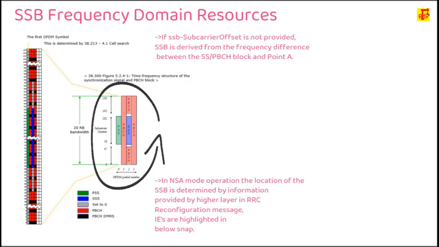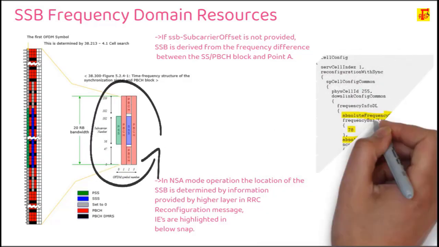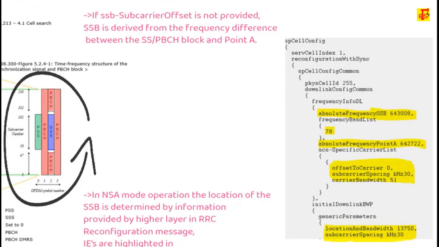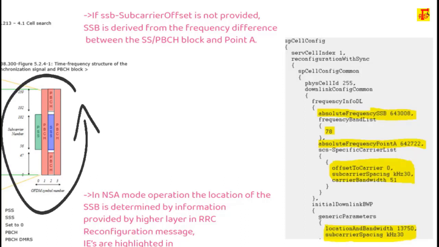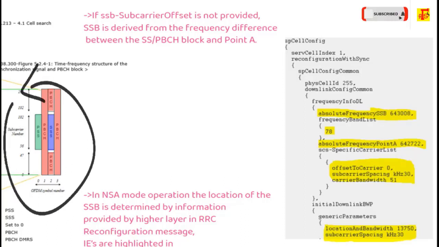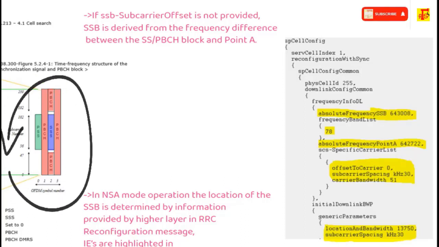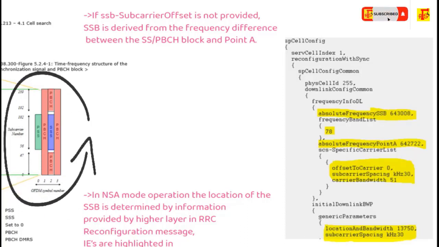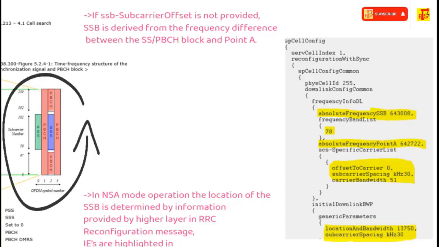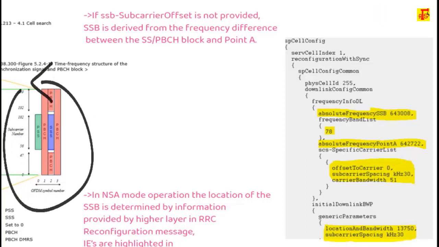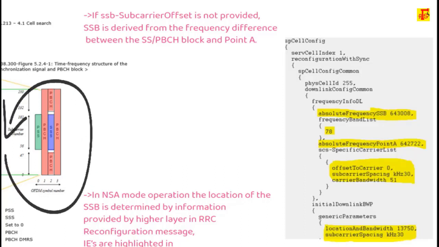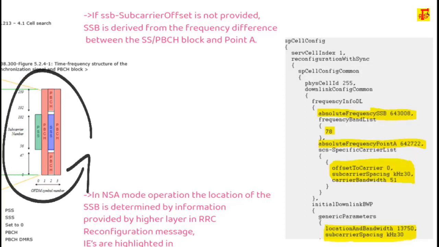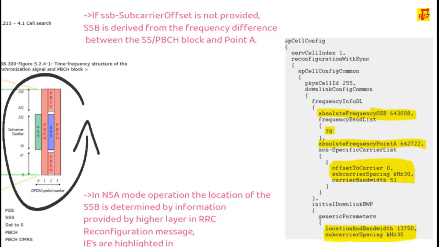In these logs you can see the absolute frequency SSB is 634008, the frequency band list is N78, and the absolute frequency point A is 642722. Offset to carrier is equal to 0. Subcarrier spacing is 30 kHz and carrier bandwidth is 51 RB.